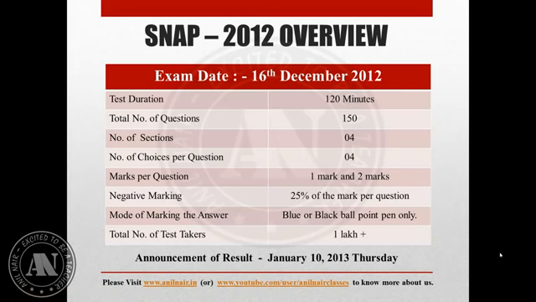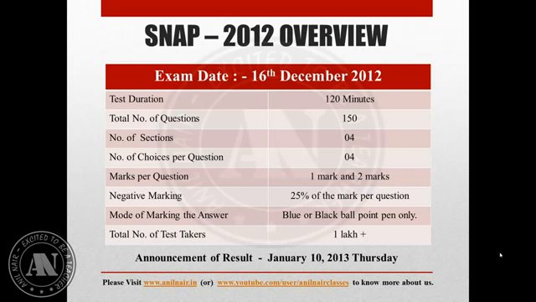These 150 questions are divided into 4 sections: general knowledge, English, quant, DI and logical reasoning, and analytical reasoning, where the analytical reasoning section carries 2 marks for every right answer, and the remaining sections carry 1 mark for every right answer. Proportionately, 25% is the negative marking for every question.